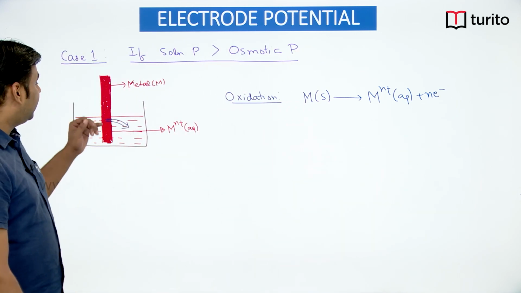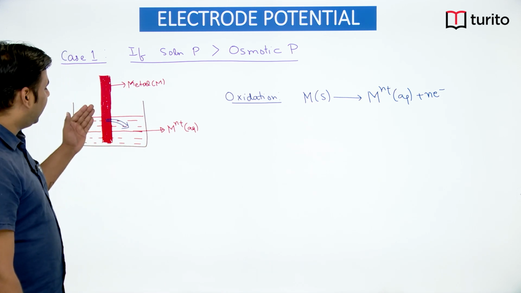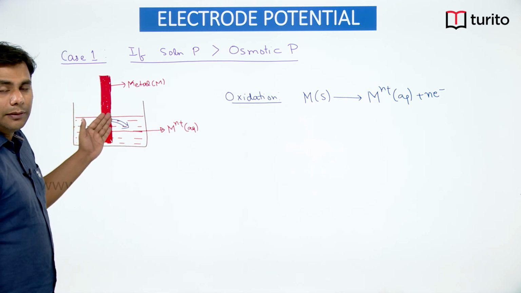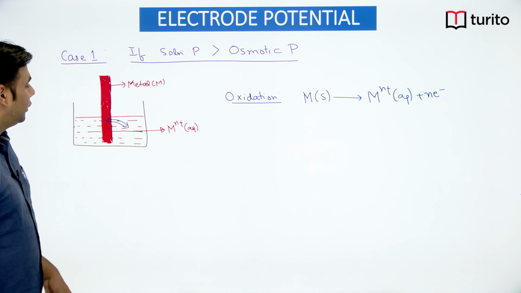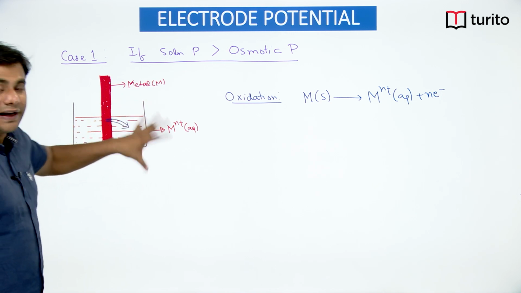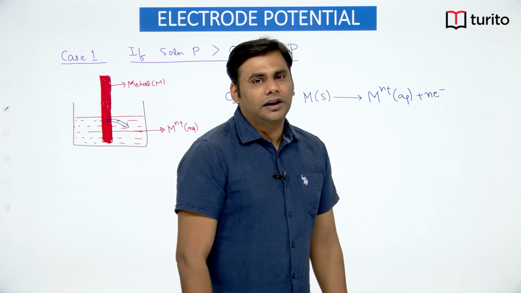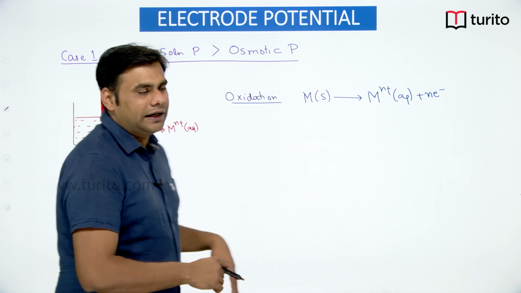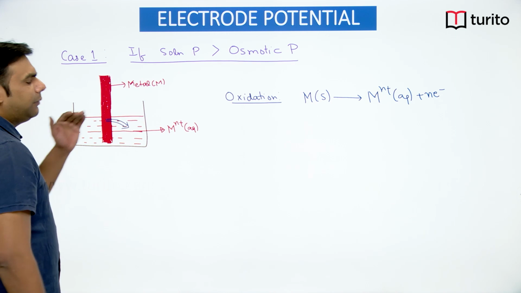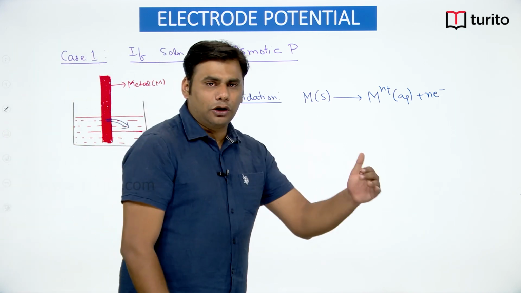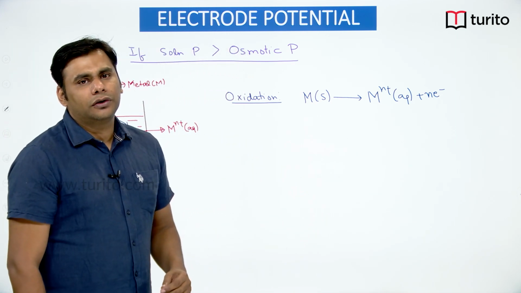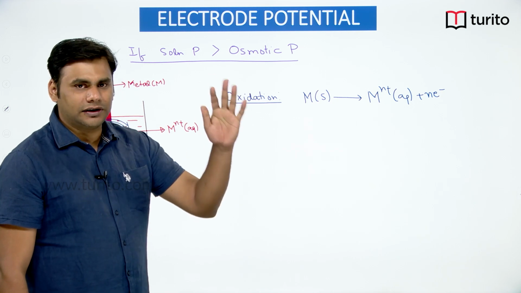Now when the metal is getting oxidized and the metal ion is passing into the solution, the solution will develop excess positive charge, because there was already positive charge in the solution along with the negative charge. Consider like this: we are dipping a zinc rod in zinc sulfate solution.